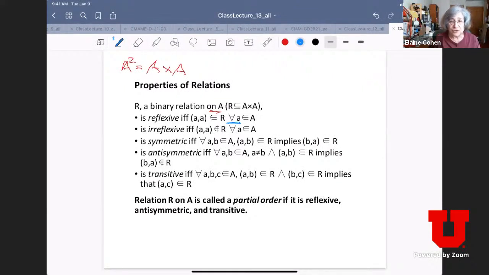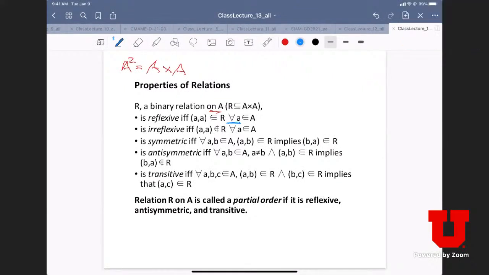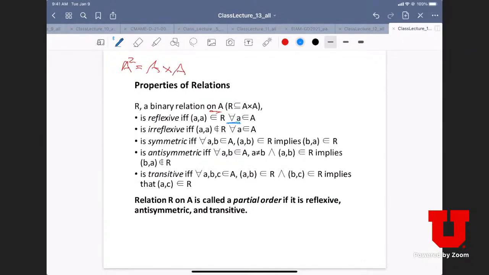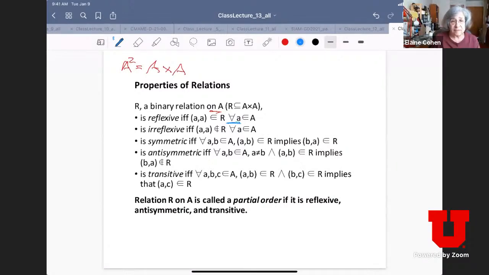Very good observation. So all the elements in the set A have to be inside the relationship. Okay, gotcha. Yes. So in other words, the relation R has to have at least the same number of elements as the set A. Yes, if it's reflexive. Okay. Very good observations, both of you.